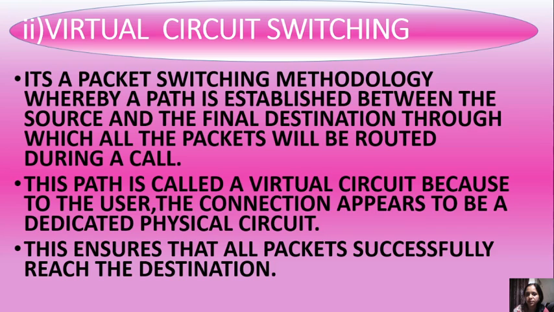Previously we have seen that datagram is the first part of packet switching, but datagram was an example of a connectionless circuit, and here virtual circuit switching is an example of a connection oriented circuit.